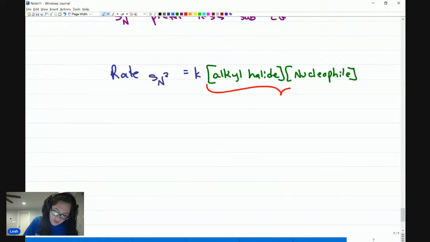Notice that I have two things here. 2 is how we get the bimolecular, and that is how we get the 2 in, I don't know why I did that in red.